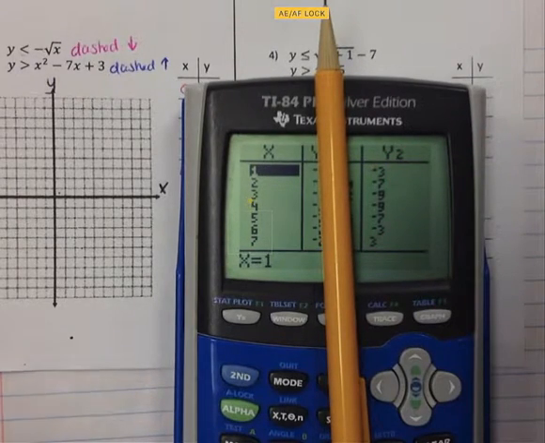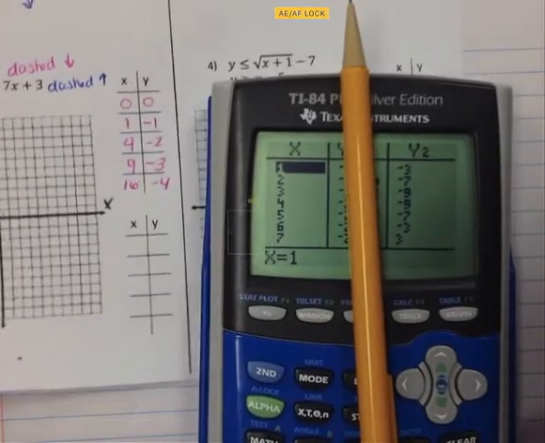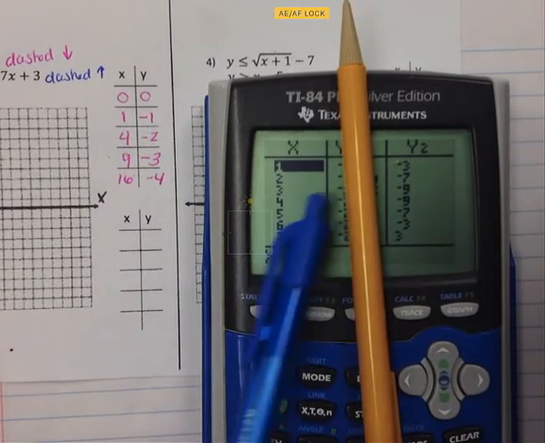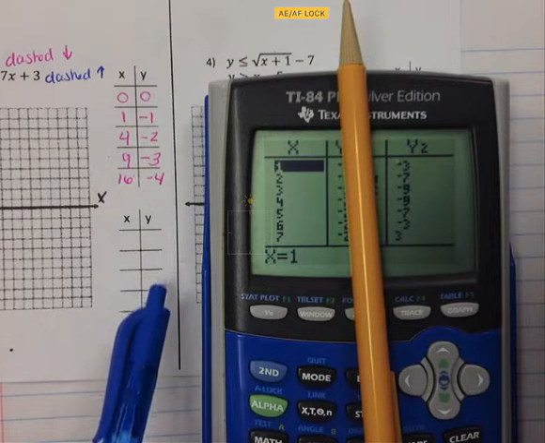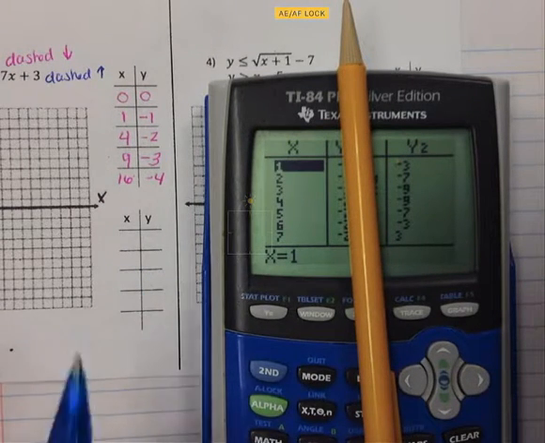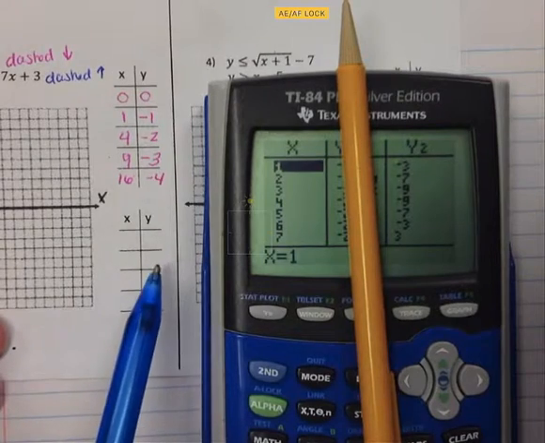So in my dark blue, I'm going to go towards the middle. I'm going to have my -9s in the middle somewhere.